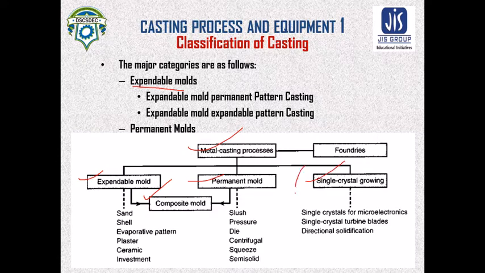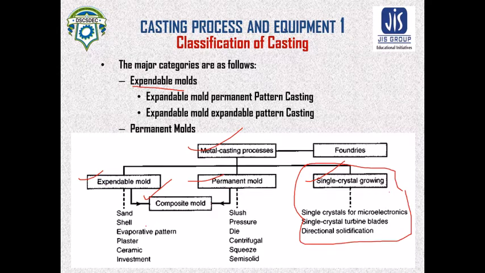This is not in our syllabus, so we will see only a brief detail of it at the end of this casting process and equipment topic. It is not so important, but the important parts are expandable mold casting and permanent mold casting.